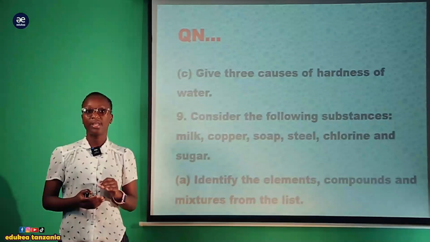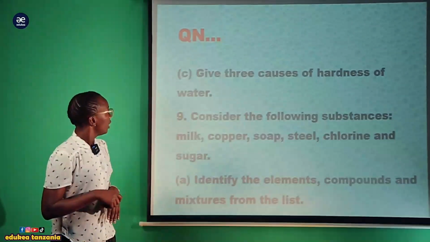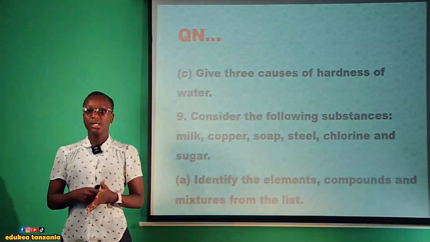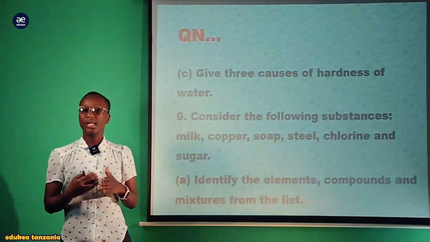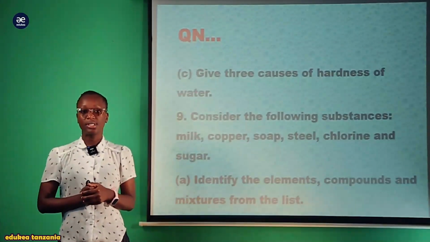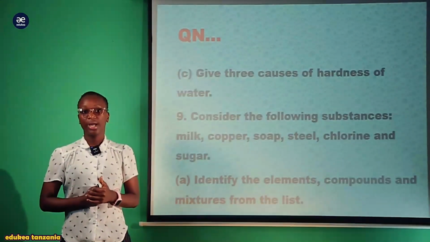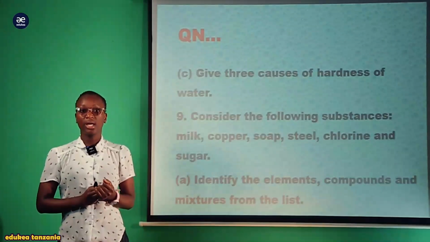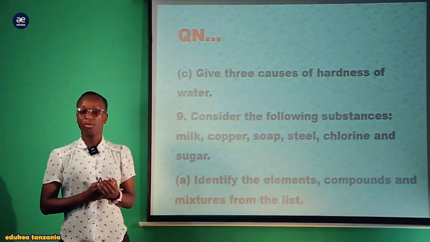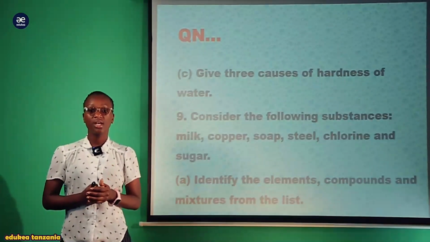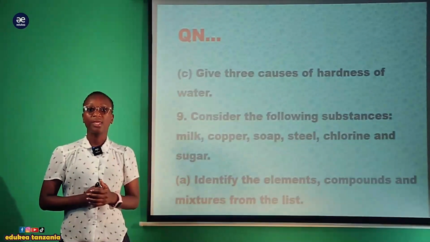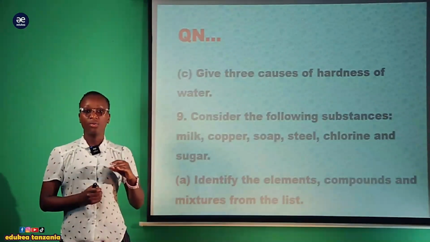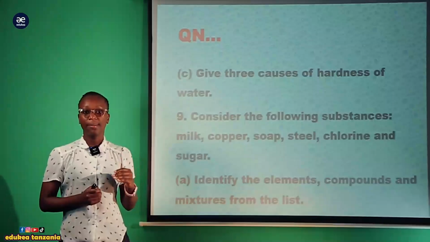So you have to provide 3 points. So question number 8, first of all, student alitakiwa recall the concept ambapo swali linatoka. Hii ni topic ya form 3 ambayo inaitwa the hardness of water. Concept ya hardness of water kama topic imefundishwa kwenye Educare channel au Educare media.